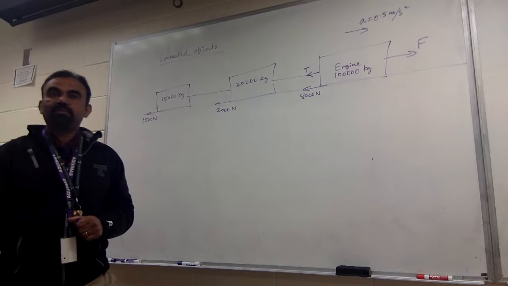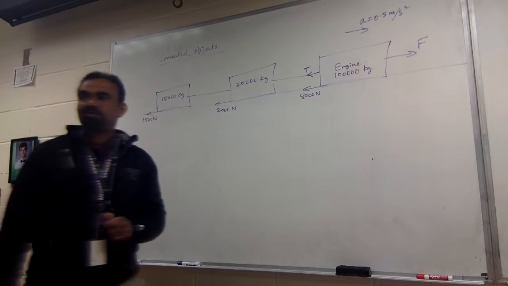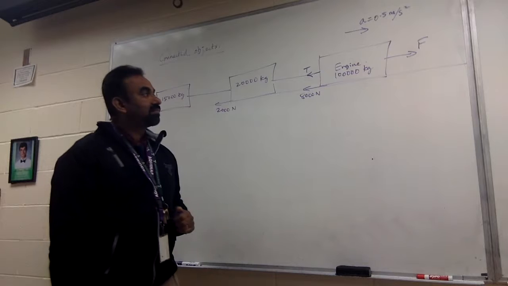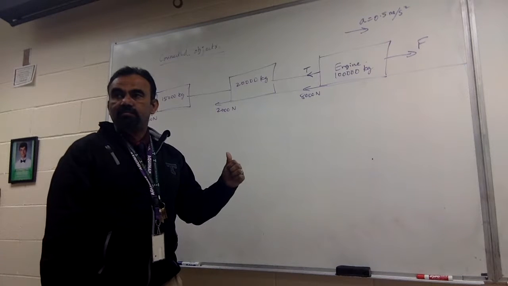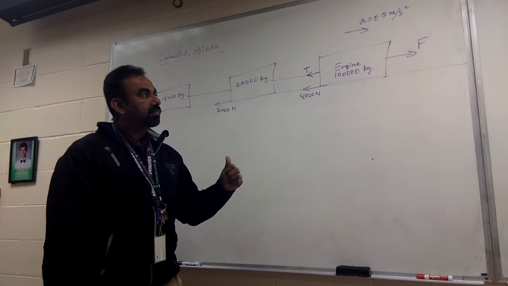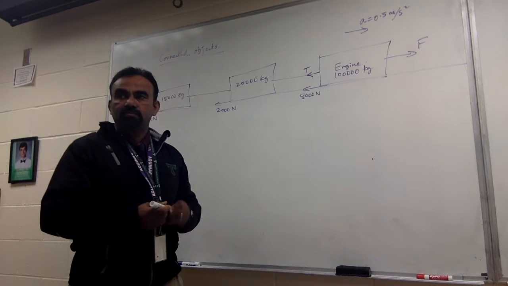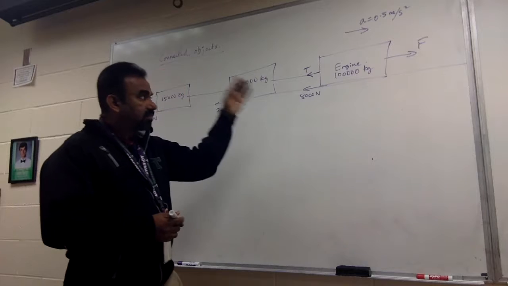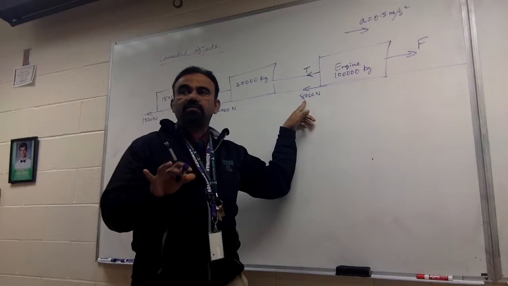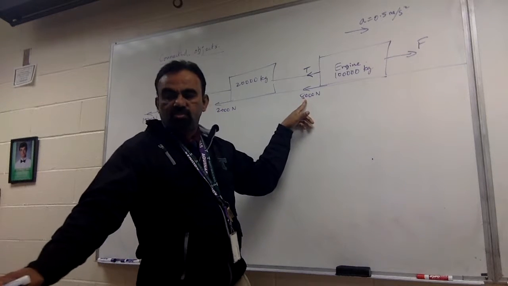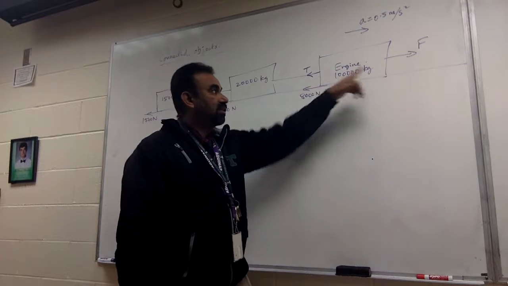So how do you set up Newton's second law in this? Is the 8,000 newtons the friction and the force going forward, are those a pair? No, not at all. This is 8,000 only for friction, like how much drag. That has nothing to do with that.